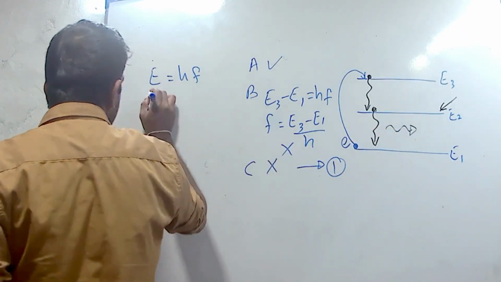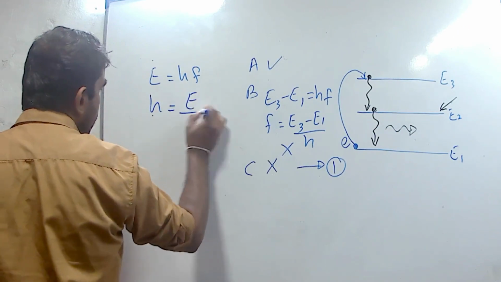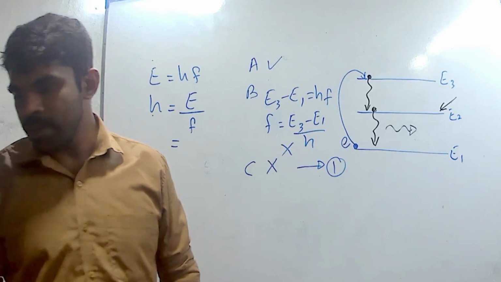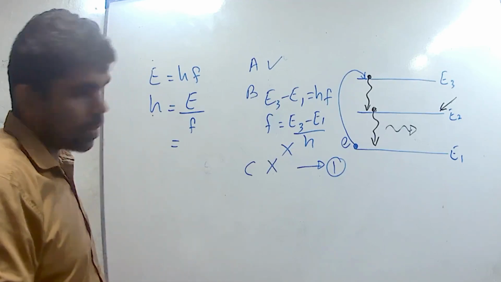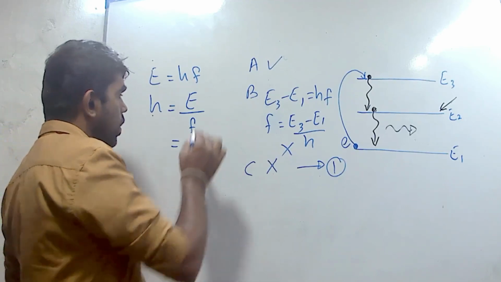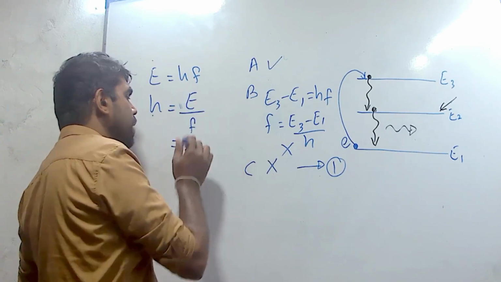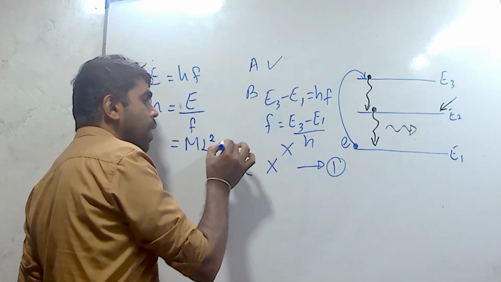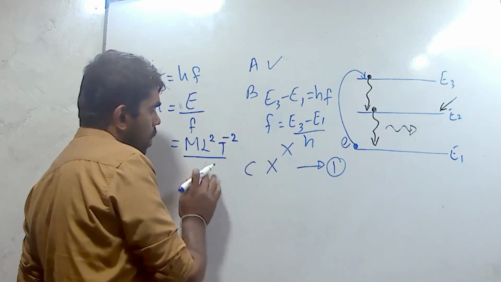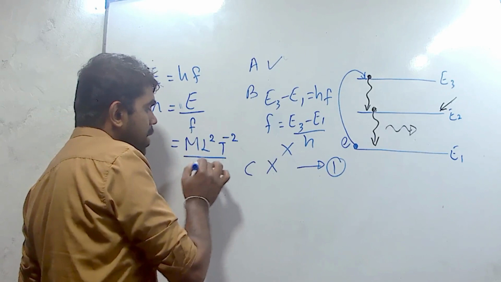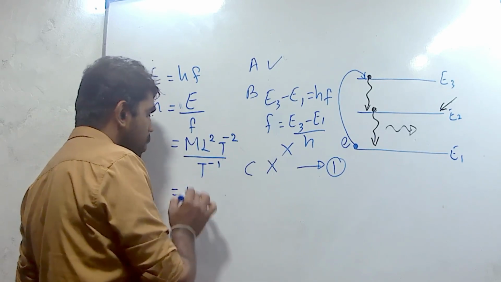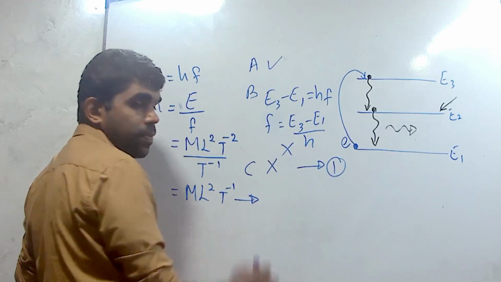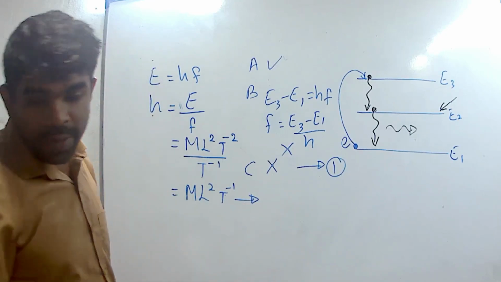I will make H the subject: H equals E divided by F. E is the energy. The dimensions of energy are ML^2T^-2, divided by frequency T^-1. Then we obtain ML^2T^-1 as the answer. Then the answer should be 5.